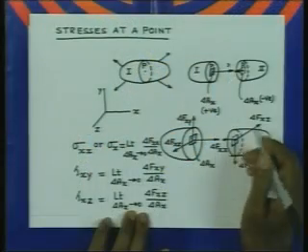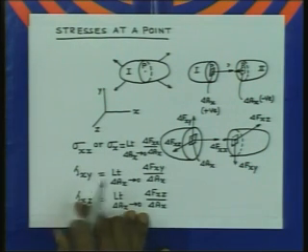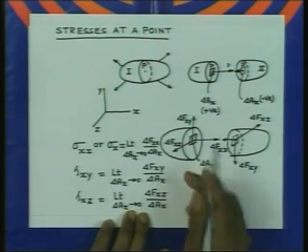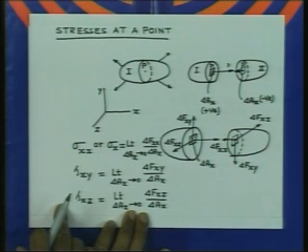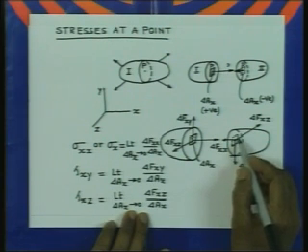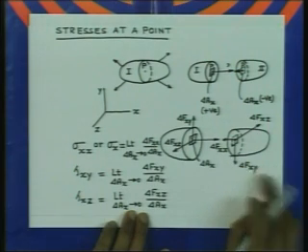Obviously, the stresses on this face are going to have the same magnitude, but they are going to be directed in the opposite directions. So please note this, that on this positive face we are going to have the stresses given by these values, and the stresses on the negative face are given by the same magnitude, but directed in the opposite directions.